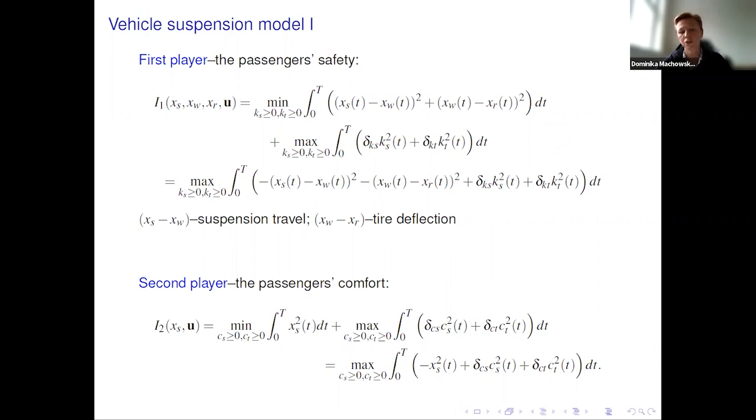the stiffness of the springs. We maximize the KS and KT. Why? Because thanks to KS and KT, we also minimize the vibration of the car. And we have the second player. The goal of the second player is the passenger comfort.